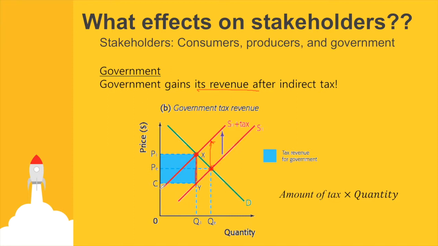So the tax revenue will be this blue box, because at this price level, this much product is produced. Q1, 0Q1, is the quantity produced. So here it says amount of tax times the quantity. So XY times 0Q1, which shows this blue box.